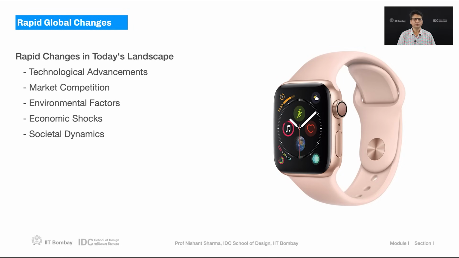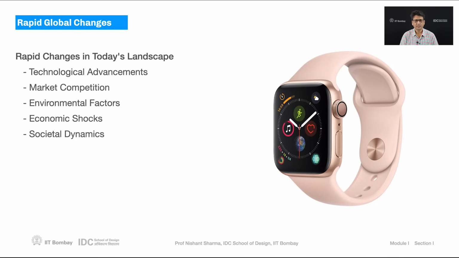The rapid pace of technological advancements, competitive nature of markets, climate change and other environmental factors, challenges from economic shocks and societal dynamics, and fast changing consumer preferences have accelerated significantly in the last many decades.